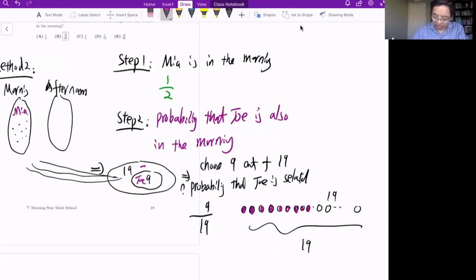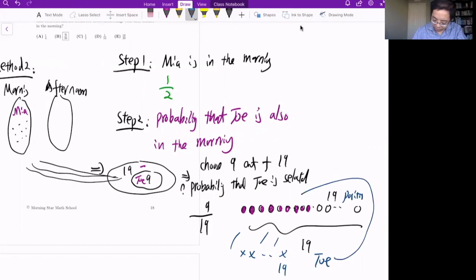Now this is equivalent to saying I have 19 people, and they randomly go to those 19 positions. Then what is the probability that Joe will go to one of those selected positions? 9 selected positions, which is an equivalent statement.